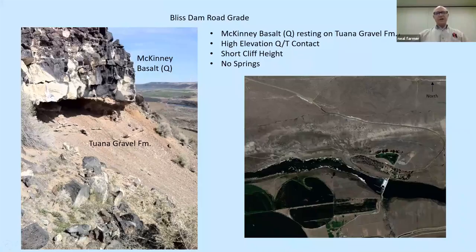And then the younger McKinney basalt, which is only about 50,000 years, sitting right on top of that. And this has all, of course, been mapped by all the entities that have been mapping in this area. And it's located roughly here at this road grid.